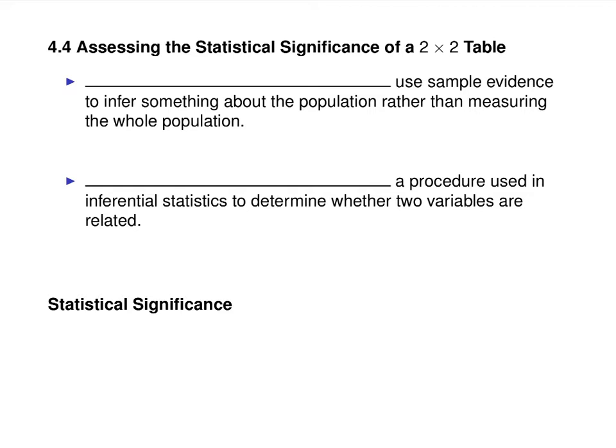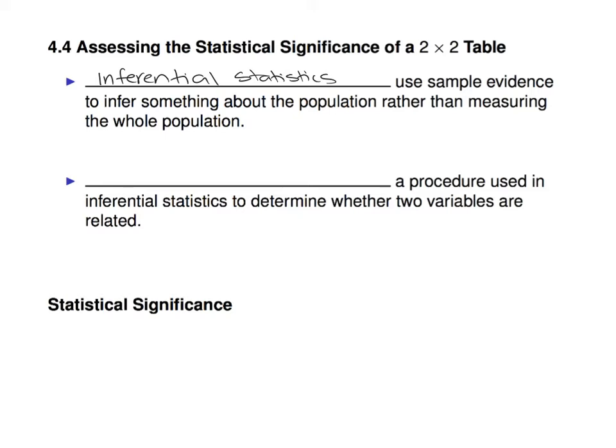Inferential statistics is something that uses sample evidence to infer something about the population rather than measuring the whole population. So, for example, inferring that smoking leads to higher cancer rates, something like that.